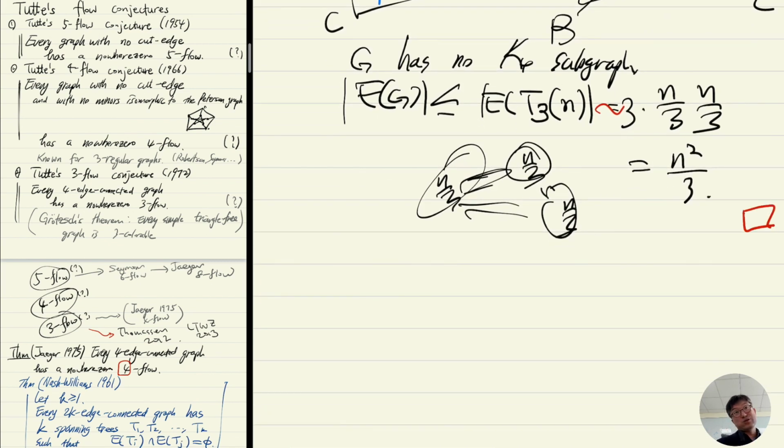It's of the order of n squared over 3. Now you just check this by n modulo 1, 2, 3, in all 3 cases. Then eventually what you want is this. Okay, so that's it for today.